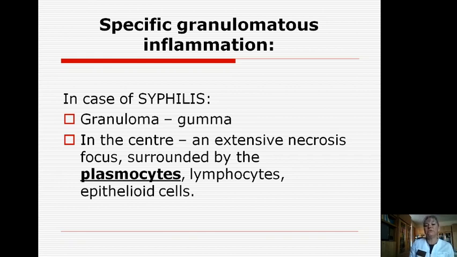In the center of this granuloma, we see caseous necrosis with liquefaction. Surrounding it, we see plasma cells, plasmacytes, the main cell, lymphocytes, and epithelioid cells. Outcome of this granuloma is unfavorable, rough scarring with deformation of tissues and organs.